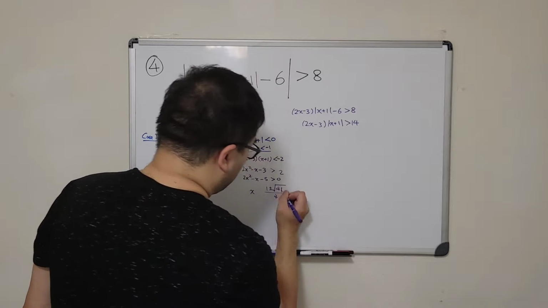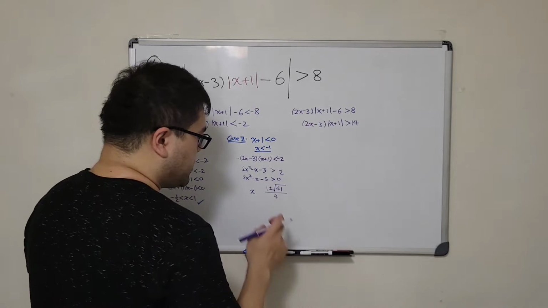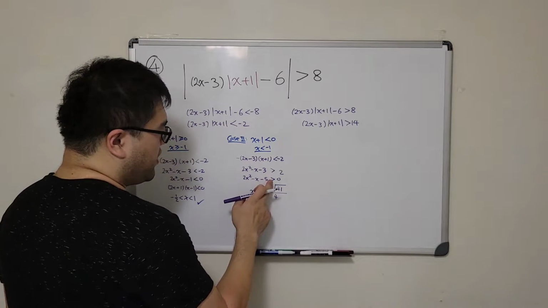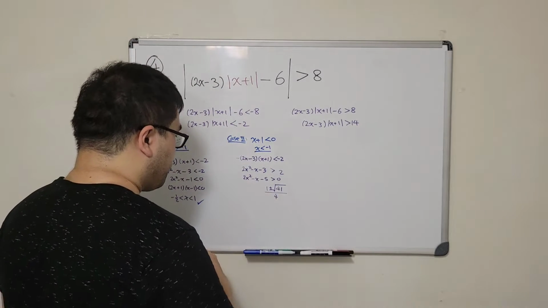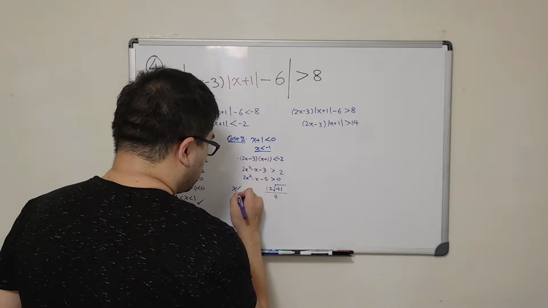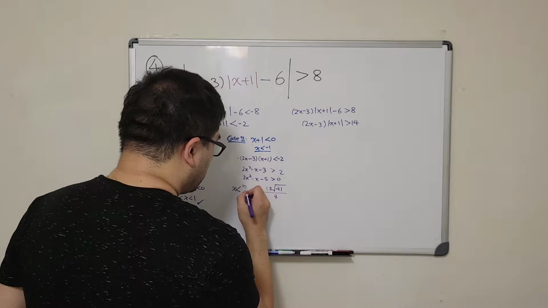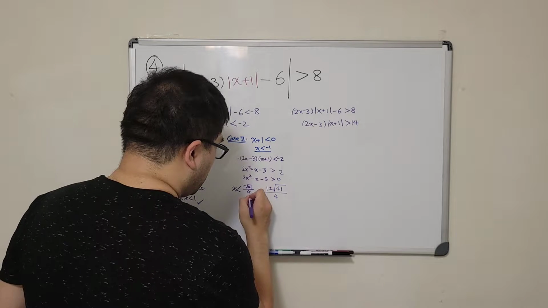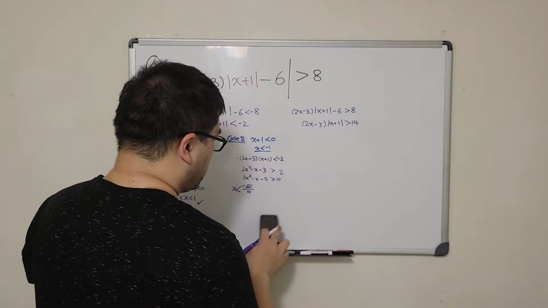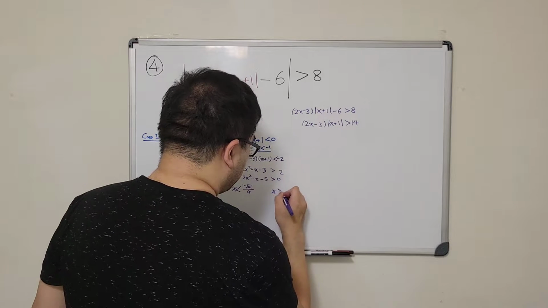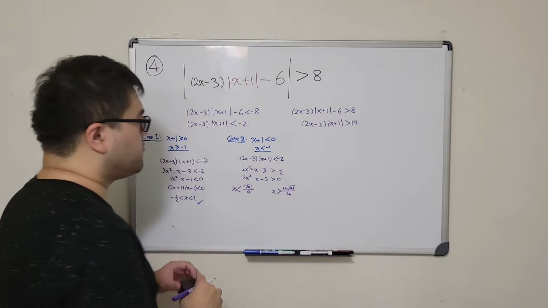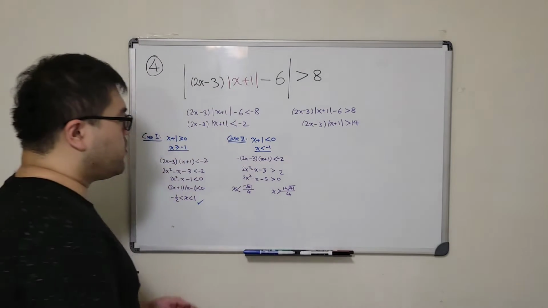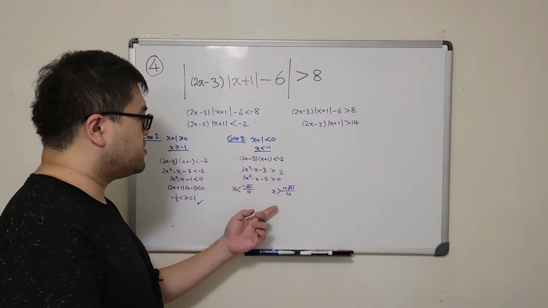So we get 41 here, all over 4. Since we have two values and we have a plus sign here, we now know that x is either less than the smaller root, or x is greater than the bigger root. Cool. But now we need to check our conditions.